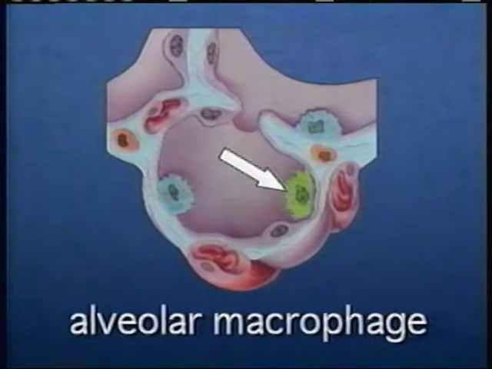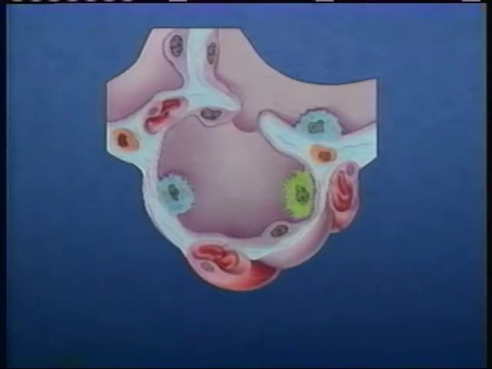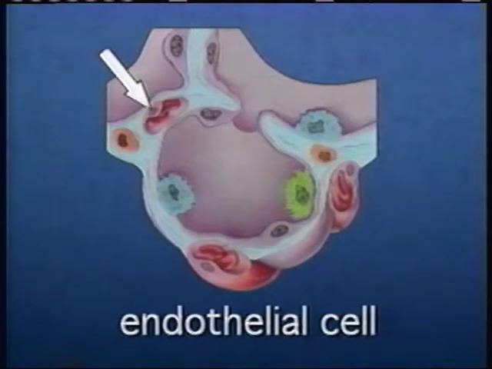Alveolar macrophages, sometimes called dust cells, wander throughout the alveoli, phagocytosing foreign particles in the lungs. The wall of the blood capillary is formed by a simple squamous epithelial cell called an endothelial cell, which lies on a thin basement membrane.